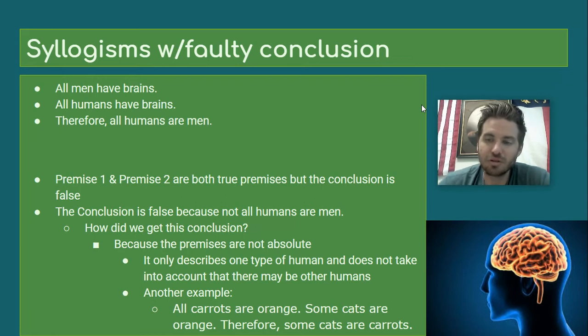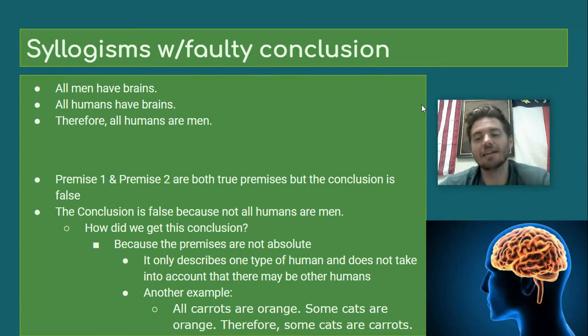All men have brains. That is a true premise. All humans have brains. Again, a true premise. Therefore, all humans are men. If the conclusion follows the premises and both premises are true, then the conclusion is true. But just because this conclusion is logically valid, it does not mean that it itself is true.